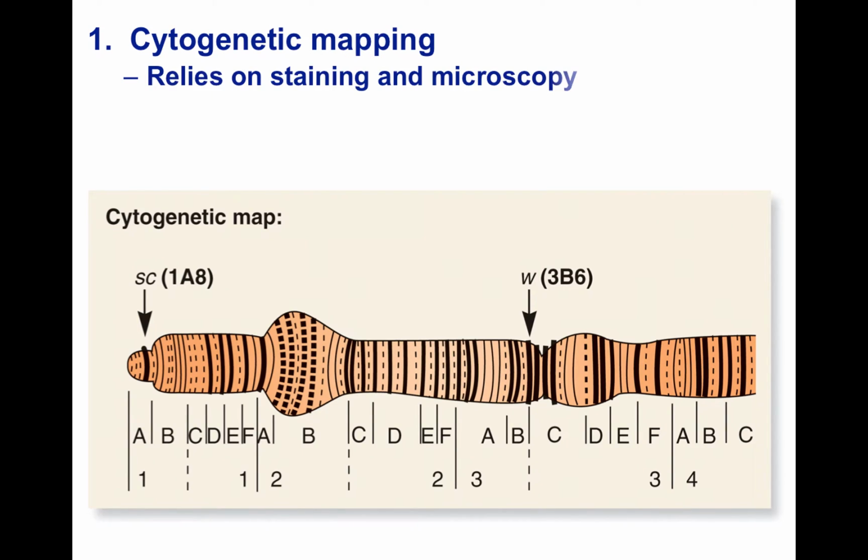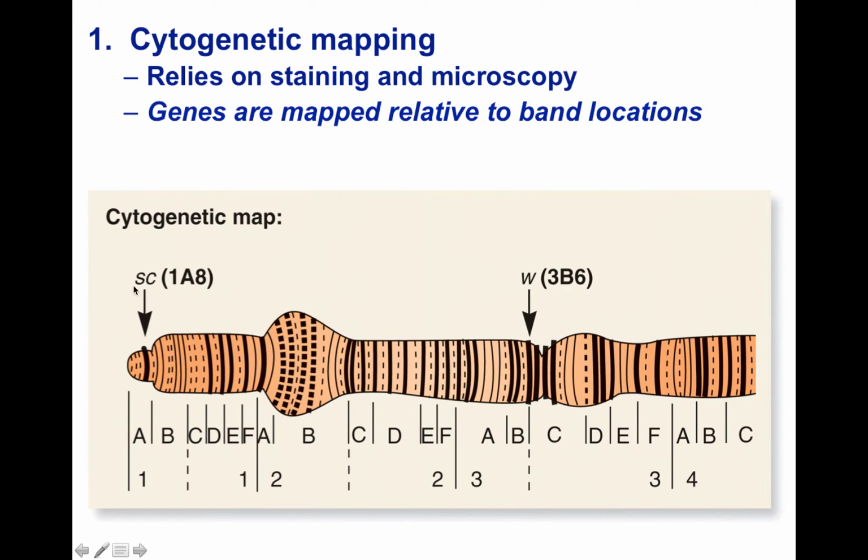Cytogenetic mapping consists of staining chromosomes and looking at them through the microscope. There are different types of stains for chromosomes. Giemsa is one of them. Each of the different stains will yield a different banding pattern for a particular chromosome, but that pattern should be the same no matter what the source of the DNA is, if you use the same stain.